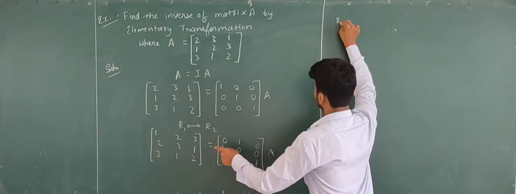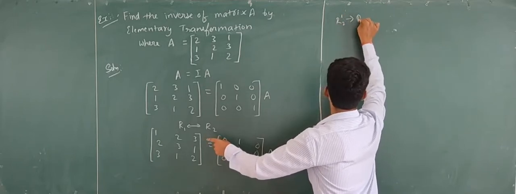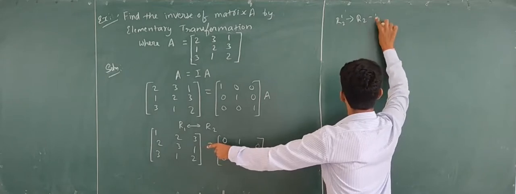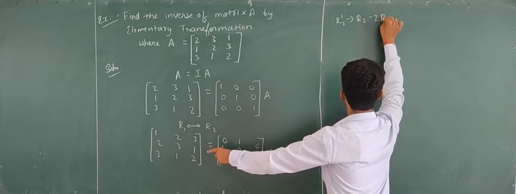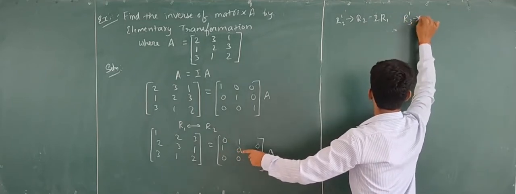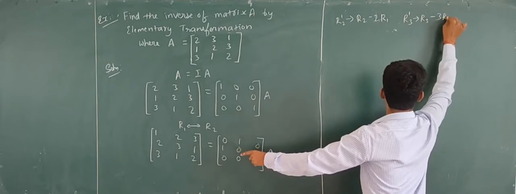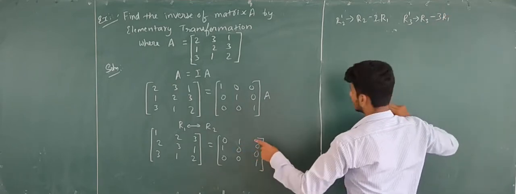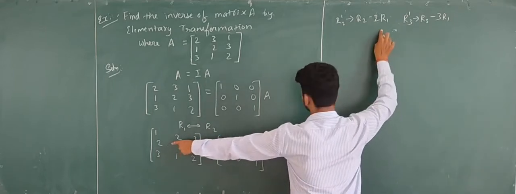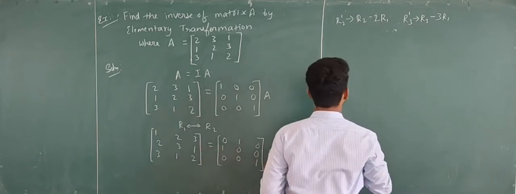That is, R2 dash changes to R2 minus 2R1, and R3 dash changes to R3 minus 3R1.